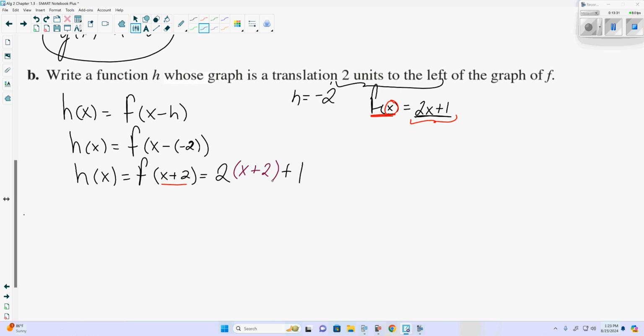So I wouldn't write this in, but if we said that the function was, say, 2x squared plus 1, when we plug in the x plus 2, it would be 2 times x plus 2 squared. That power still stays there. We're just replacing that x. Questions on this here?